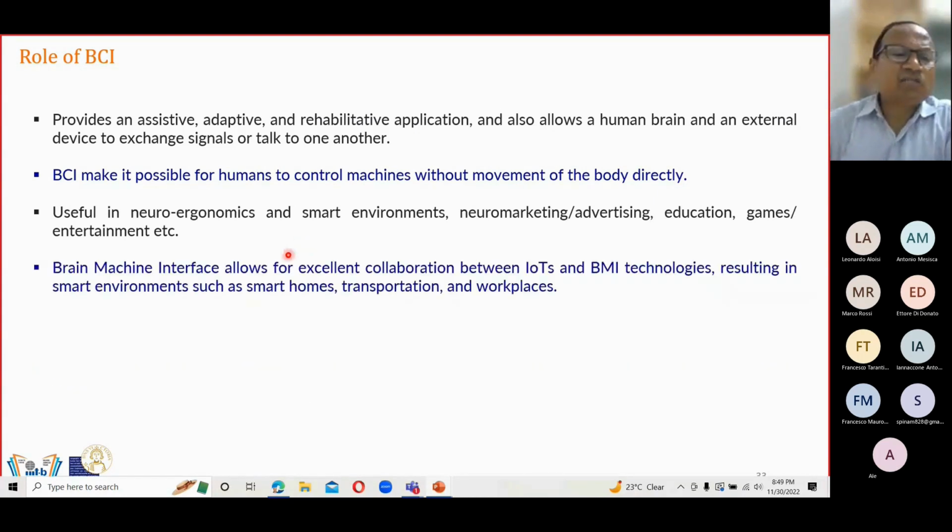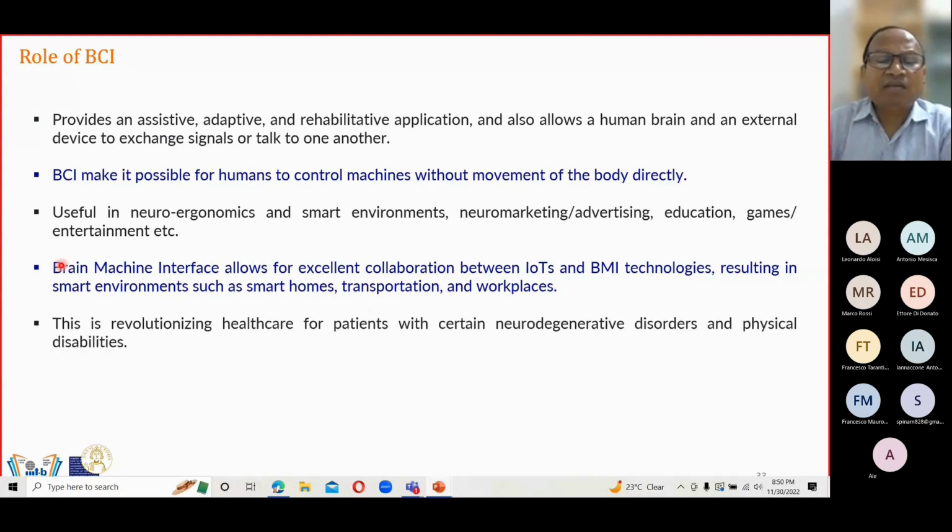Brain machine interface, BMI, allows for excellent collaboration between IoTs and BMI technologies, resulting in a smart environment, such as a smart home where safety, security, and ambience are involved. Transportation and smart workplaces are areas where a lot of brain machine interfaces are happening.